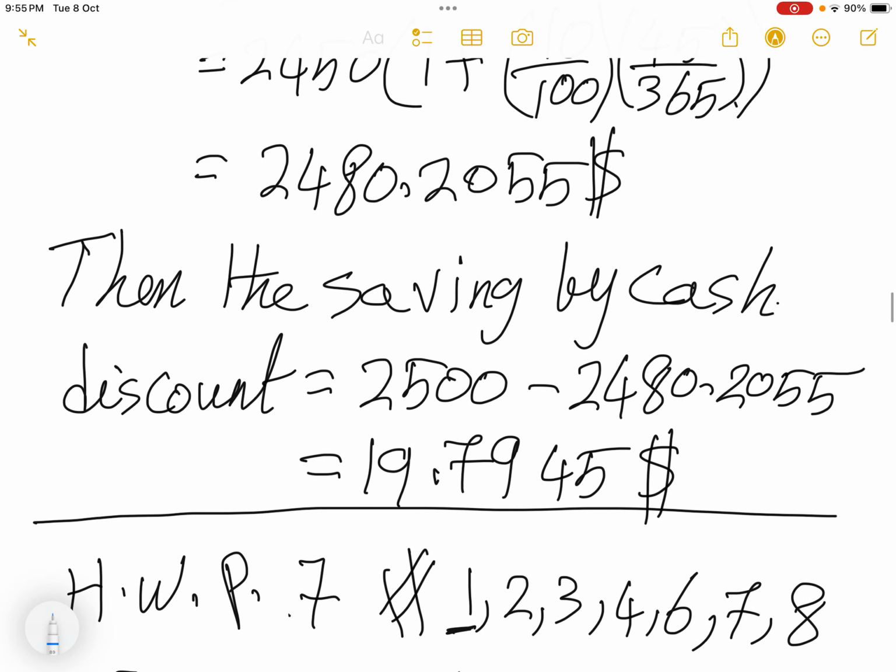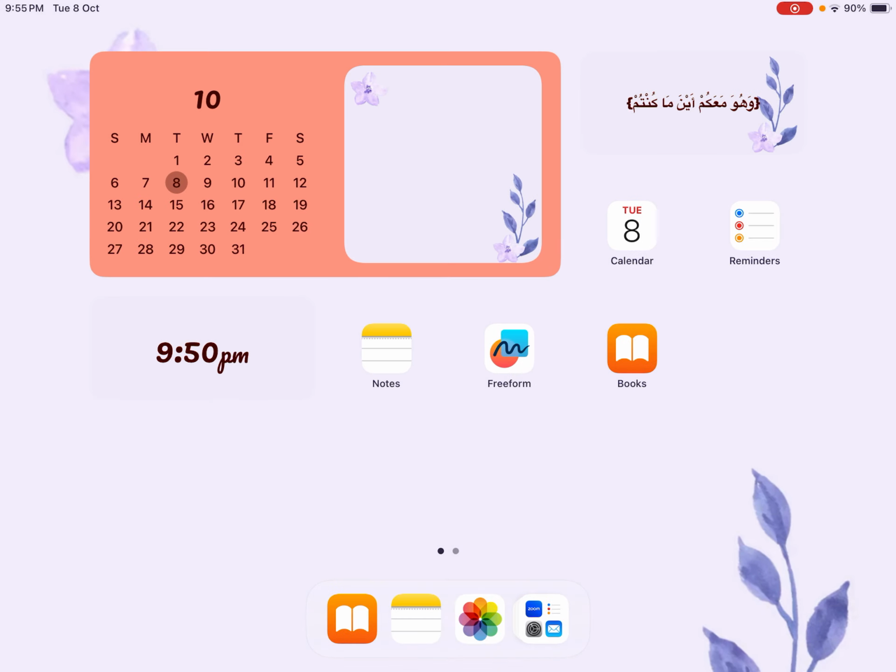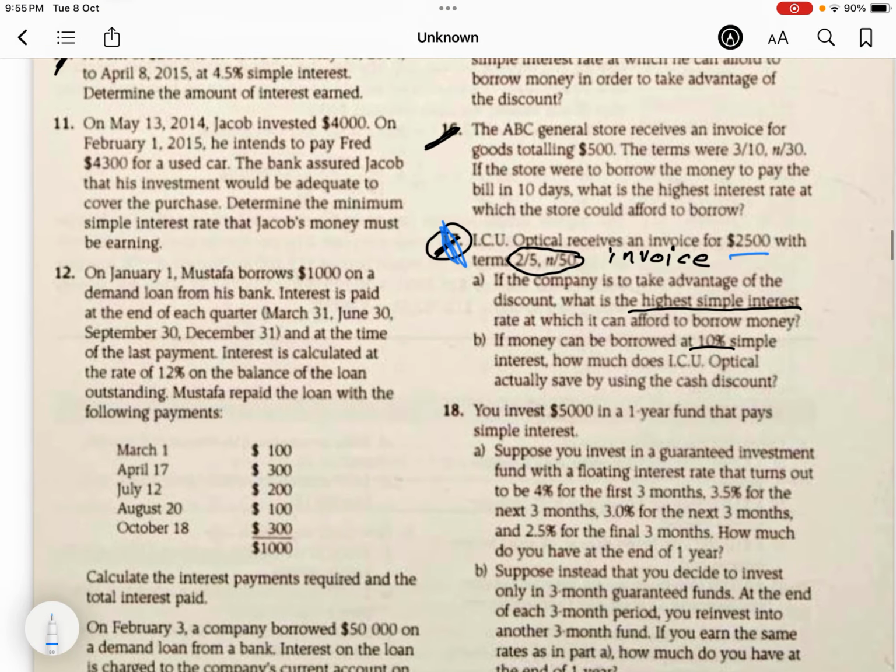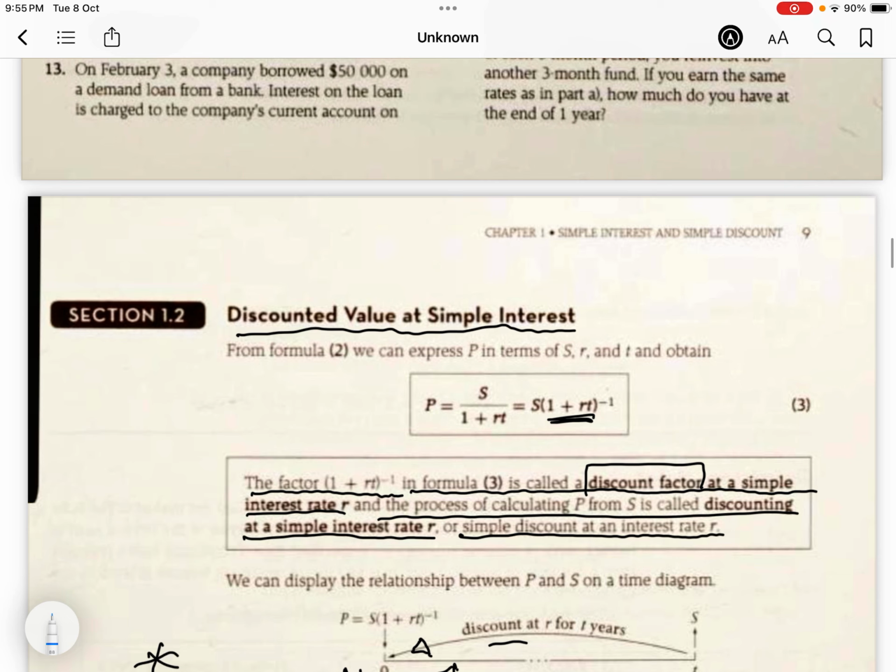We will now return to section number 2, discounted value at simple interest. From formula 2, which is S equal B multiplied by 1 plus RT, suppose we have the accumulated value S. You can calculate B, the proceeds, by dividing S over 1 plus RT.